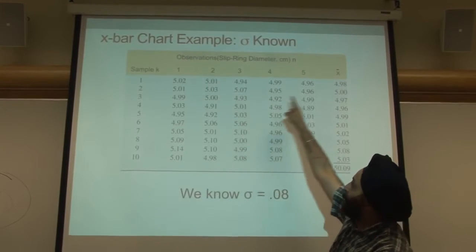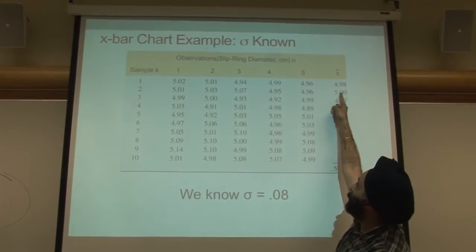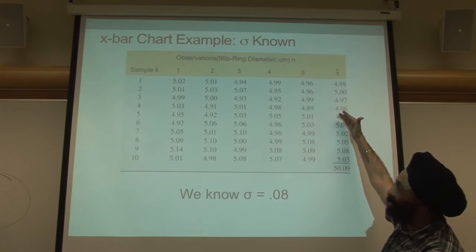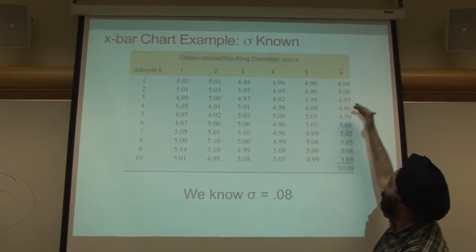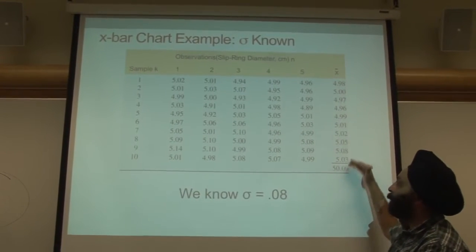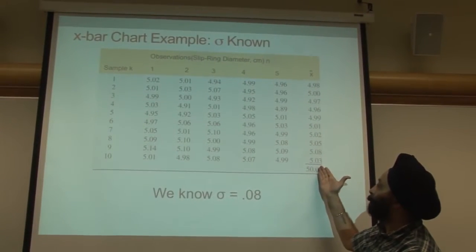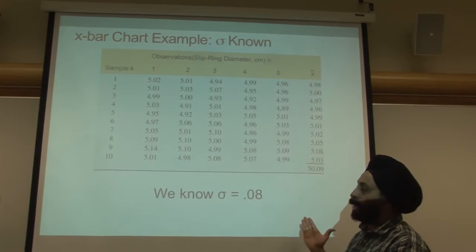Those 5 numbers average out to 4.98. The second one averages to exactly 5. The third averages 4.97, then 4.96, and so on, all the way to the 10th sample, which is 5.03. When you add these up, it comes out to 50.09.